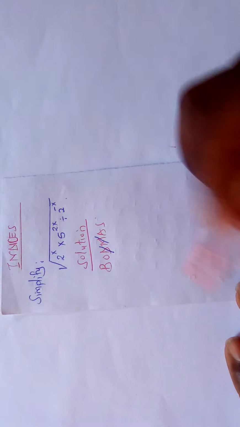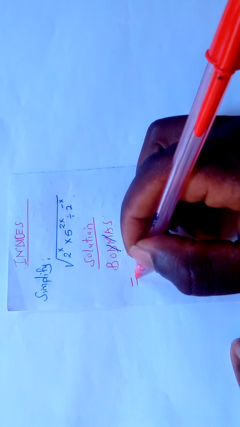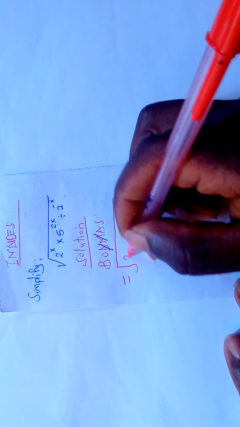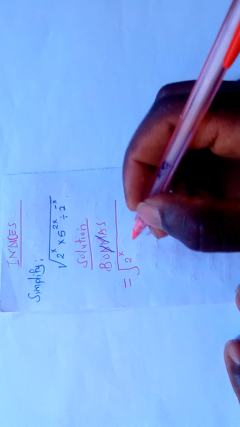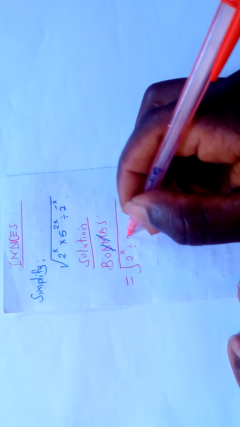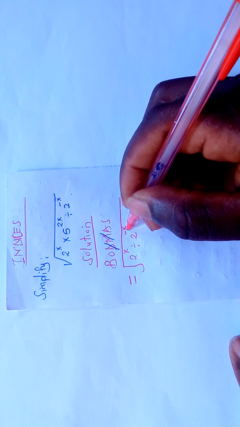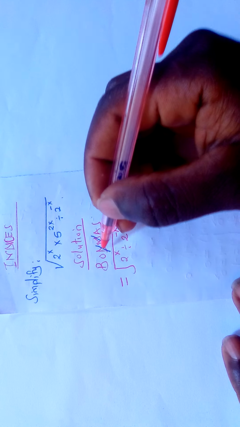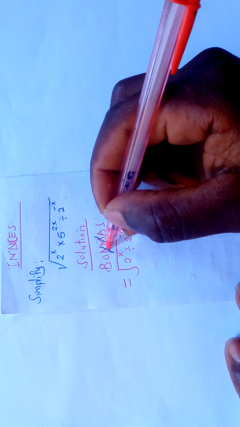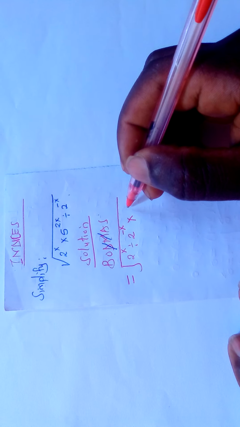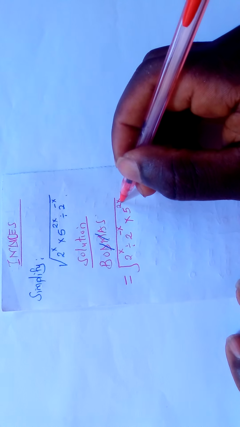To show that, I come to the first step by putting a big square root, then 2 raised to x, divided by 2 raised to negative x. Then I multiply, because multiplication comes after the division sign, by 5 raised to 2x.